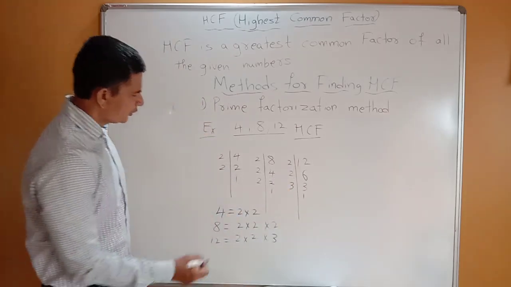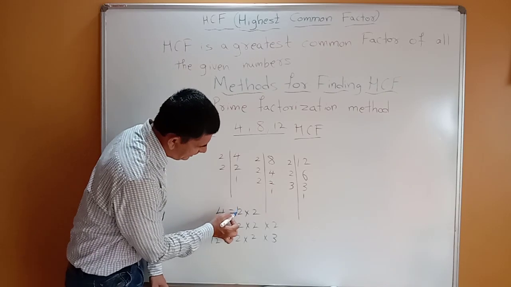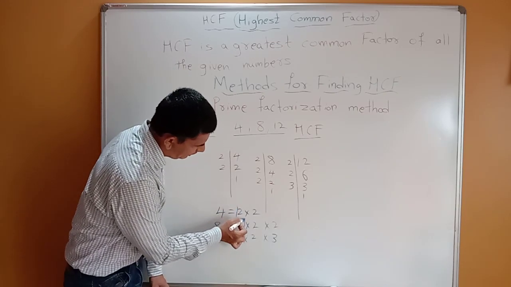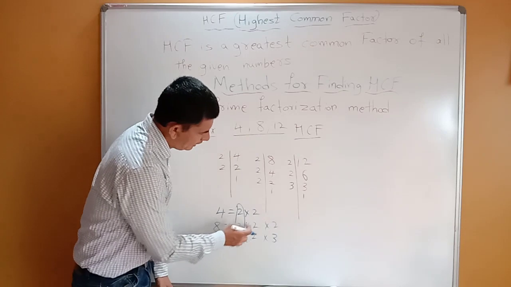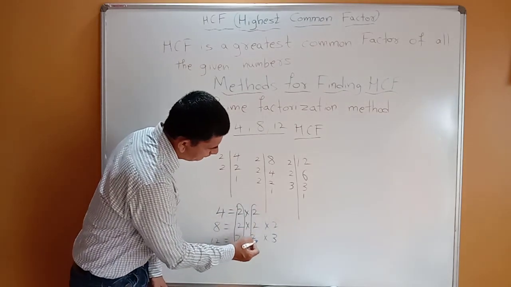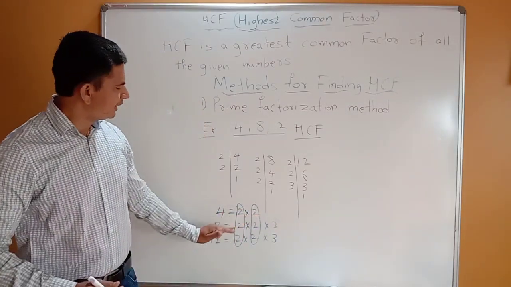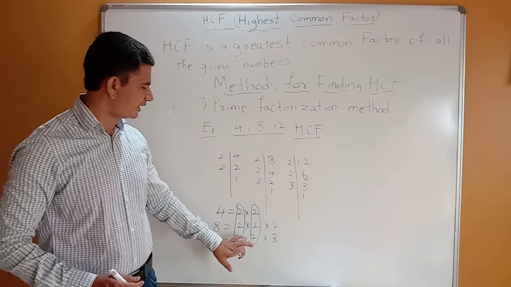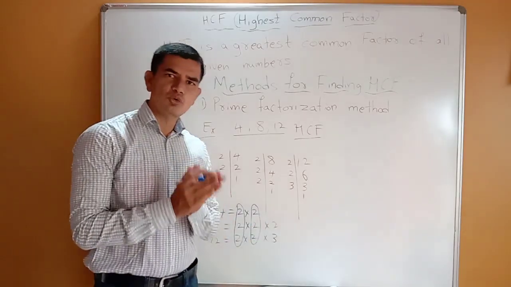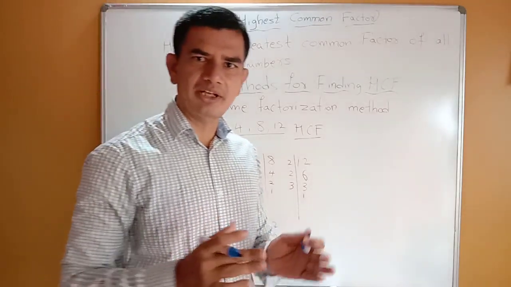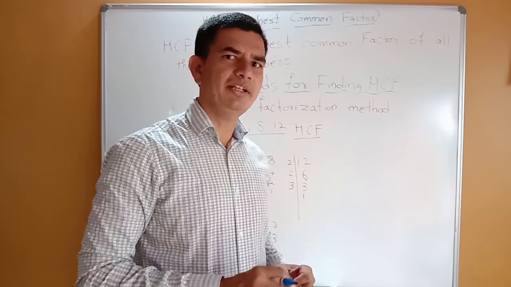In this, we have to find which are the common factors. See here, 2 is there in all these numbers, so it is a common factor. One more 2 is there, it is also common. The factor should be in all 3 numbers. Don't think that because it is common to only 2 numbers we take it.